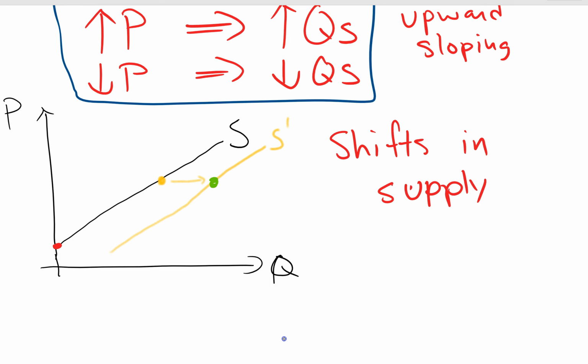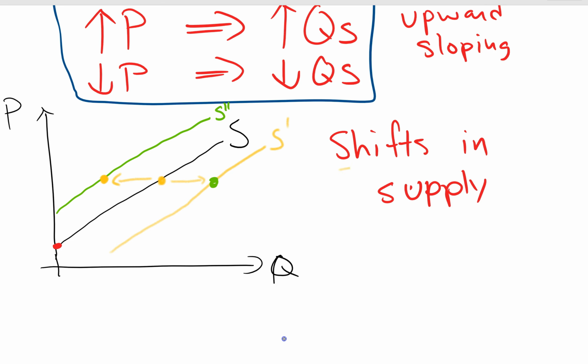That would be considered an increase in supply. And a decrease in supply would be at the same price, they want to sell less. So when we're talking about shifts, we're saying, imagine that no matter what the price, the market just wants to sell more now, or no matter what the price, the market wants to supply less. So this is the idea.